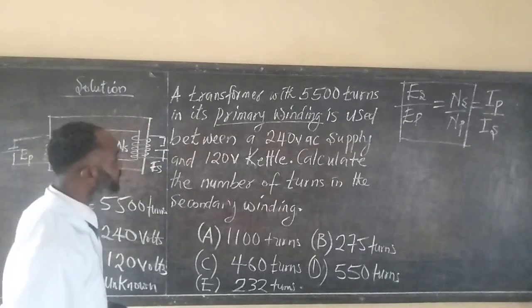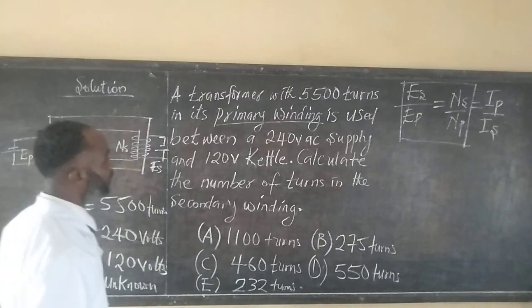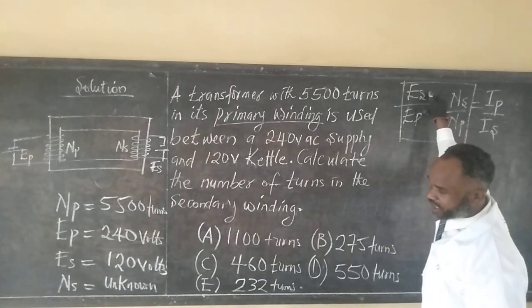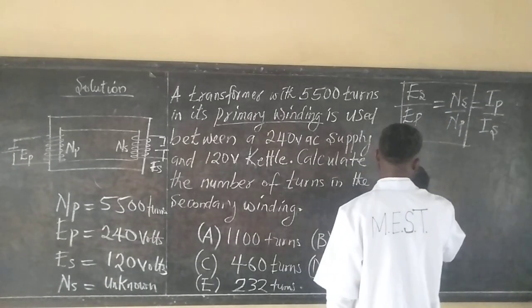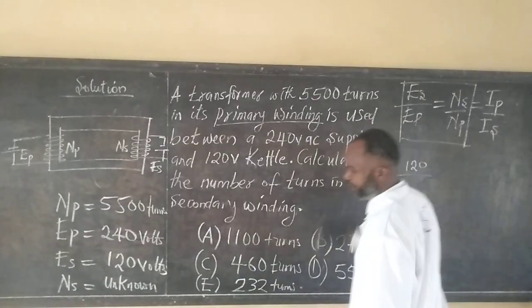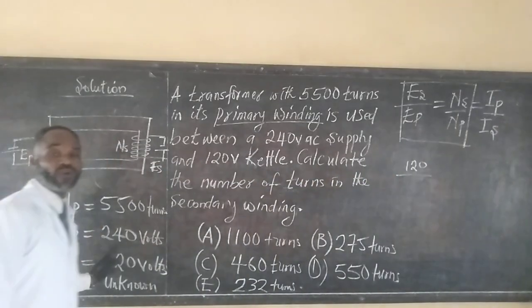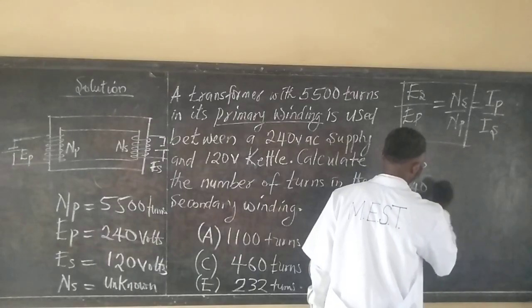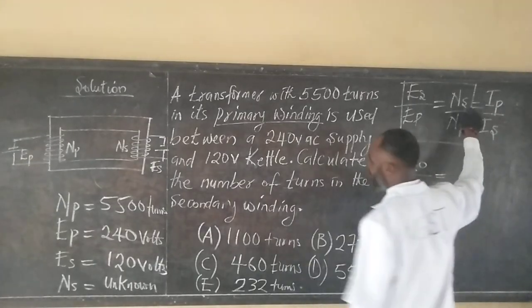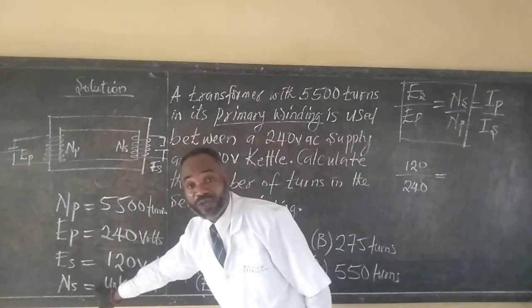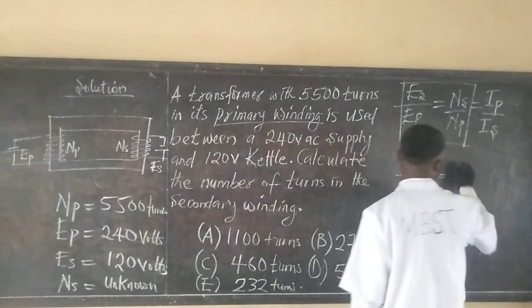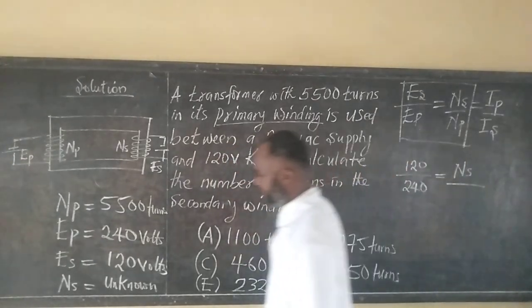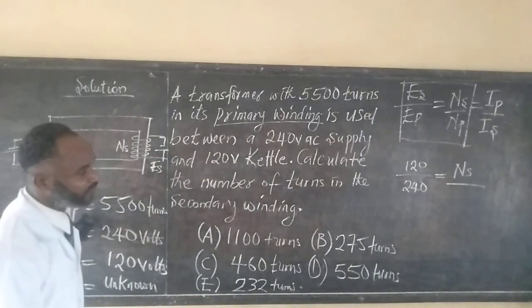So let's see. EX is 120, and EP is 240, all equal to NX, which is the one we're looking for, all over NP, which is 5,500.